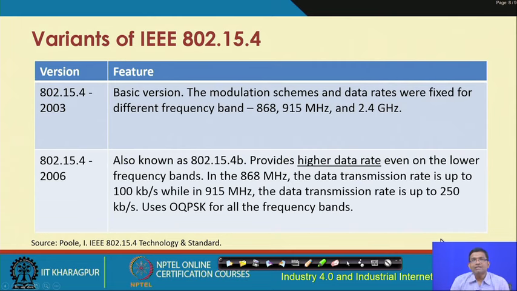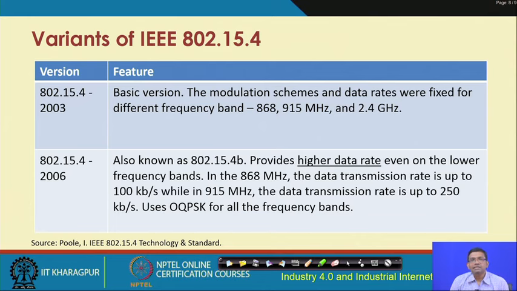So, there are different variants of the 802.15.4 IEEE standard. The basic version is the 2003 version, where the modulation scheme and data rates were fixed for different frequency bands as 868, 915 megahertz and 2.4 gigahertz.